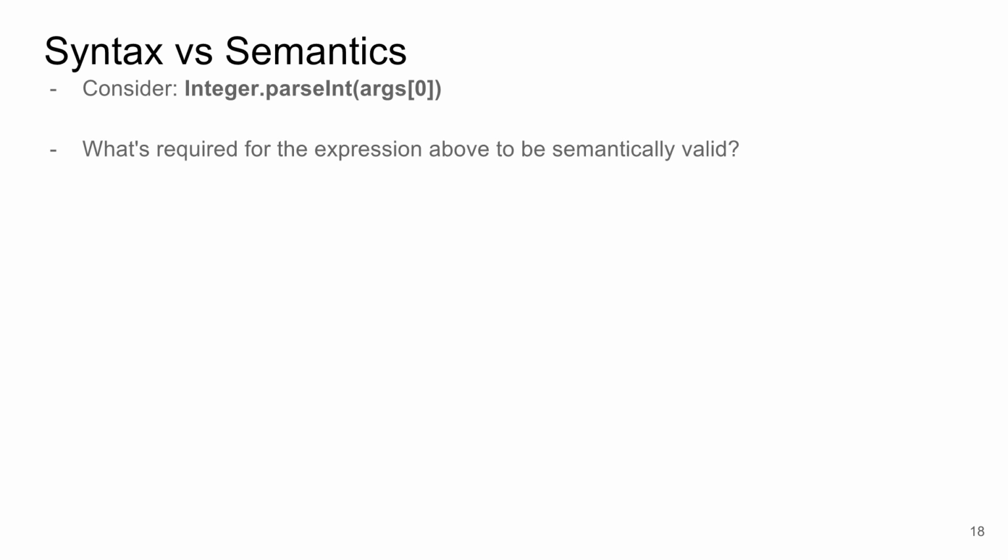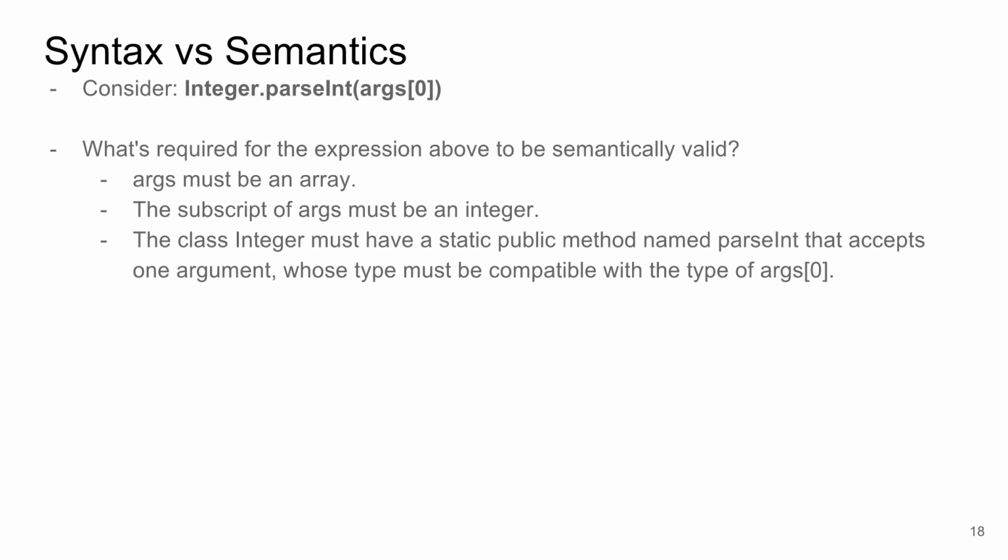Another thing would be that this method would have to take one string. It couldn't take more arguments or fewer arguments. So args must be an array. The subscript of args must be an integer. The class Integer must have a static public method named parseInt that accepts one argument whose type must be compatible with the type of args.